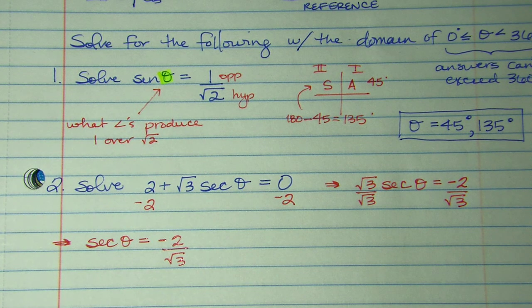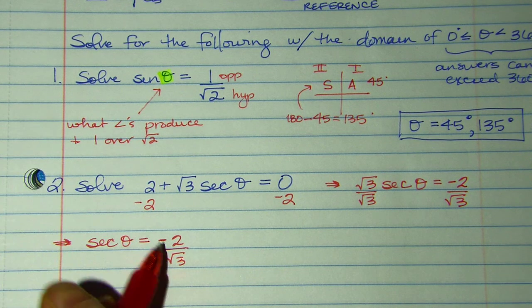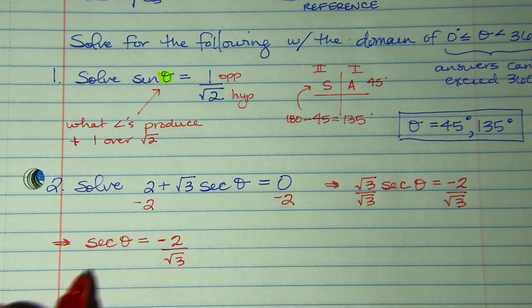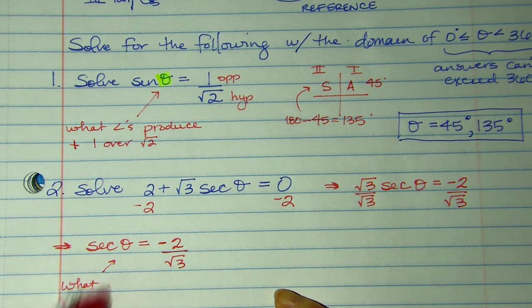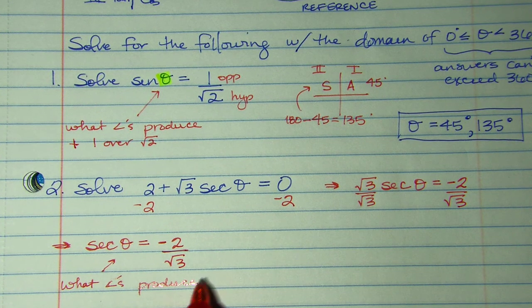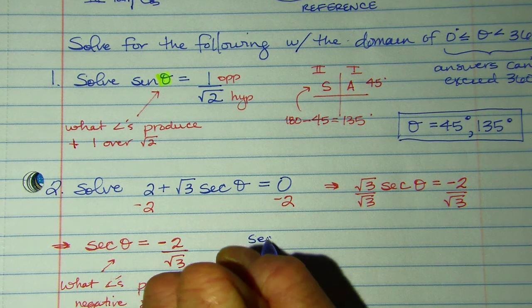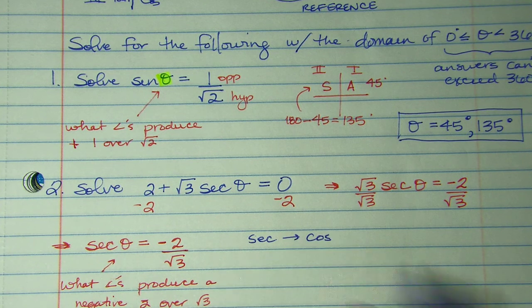Now let's pay attention to the fact that this is a negative. So I'm asking myself, what angles produce a -2 over root 3? So let's talk about secant being the reciprocal of cosine.